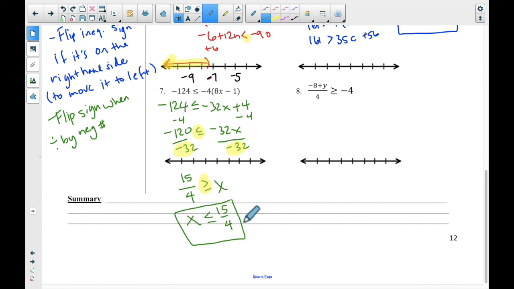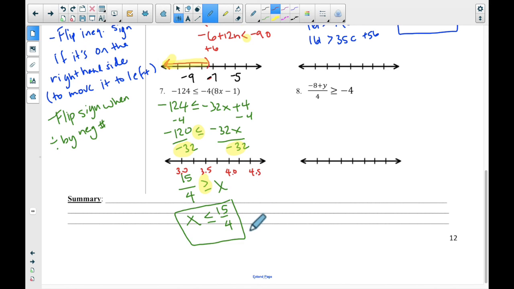If I'm going to graph that, as a decimal 15 over 4 is 3.75. Again, your number line, you can number it any way you want to. I'm going to start at 3.0 and go to 3.5, 4.0 and 4.5.